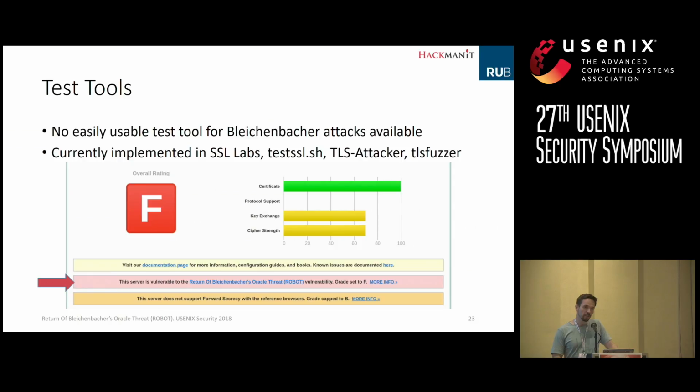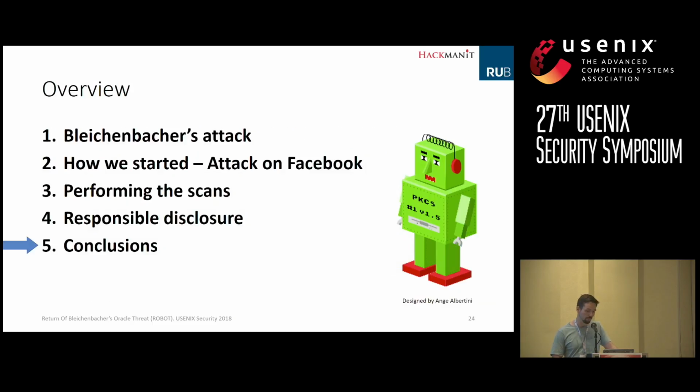The problem was maybe that these simple TLS scan applications did not have scans for Bleichenbacher attacks, and we provided them with our scan scripts. For example, now, since I'm in December, SSL Labs contains a Bleichenbacher oracle vulnerability scan on their website.